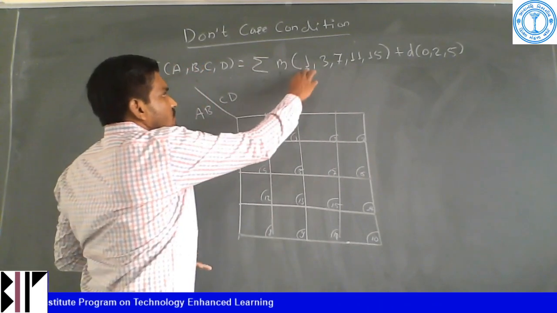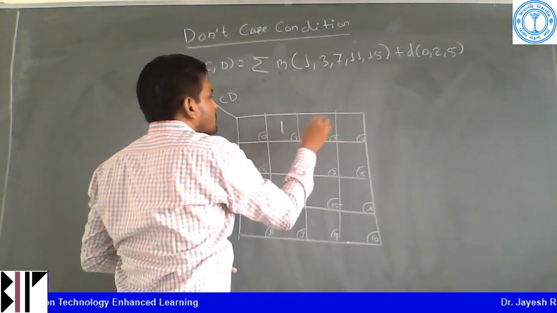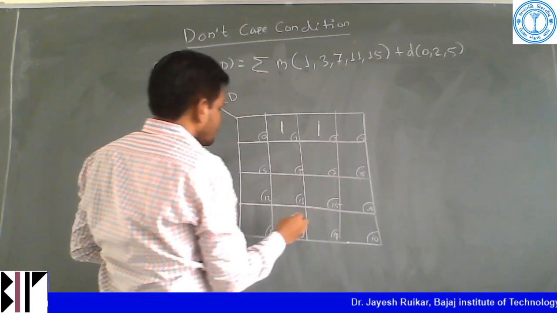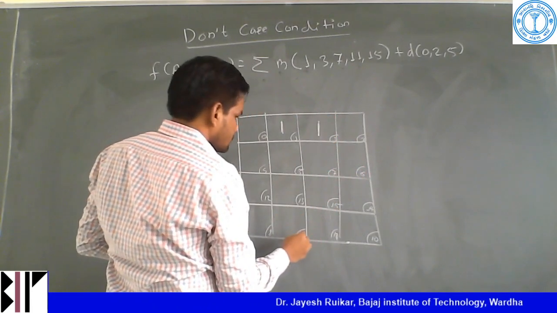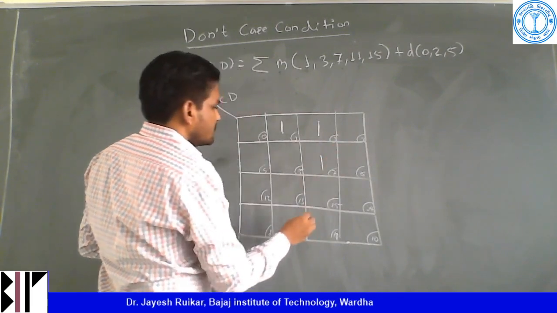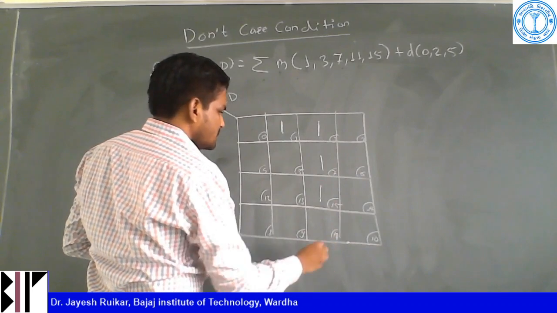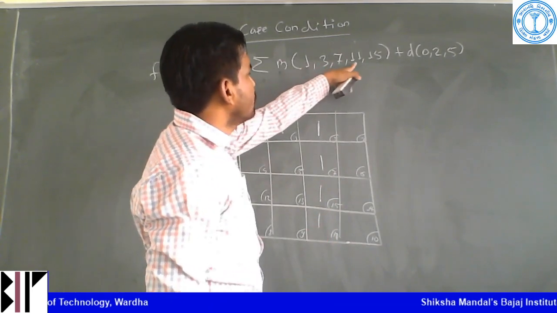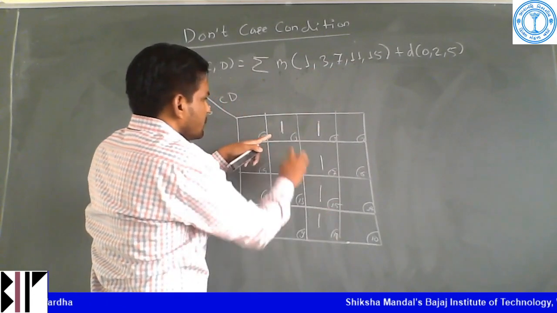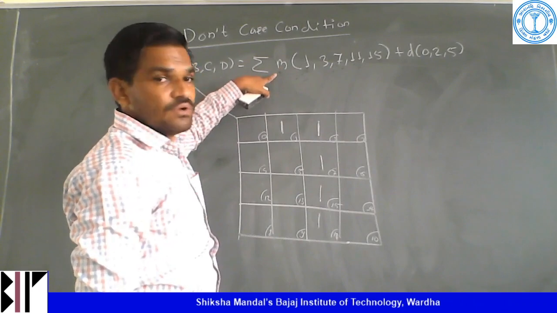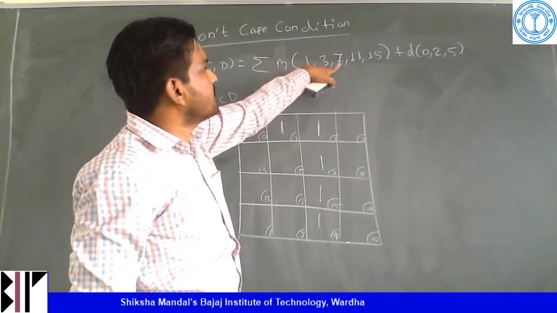So for 1 I am writing 1, 3, 7, 11, 15. So this is 15 and this is 11. So 5 ones I have written with respect to these min terms: 1, 3, 7, 11, 15.